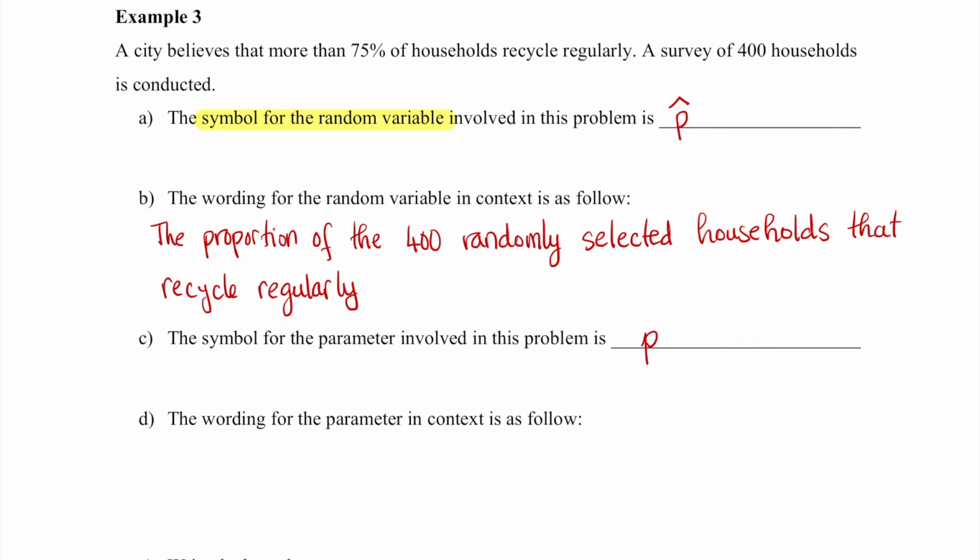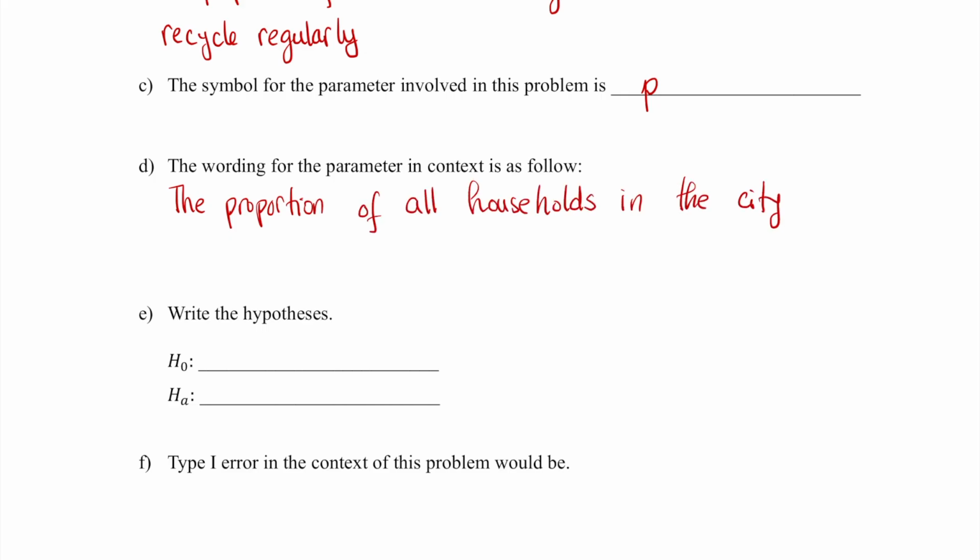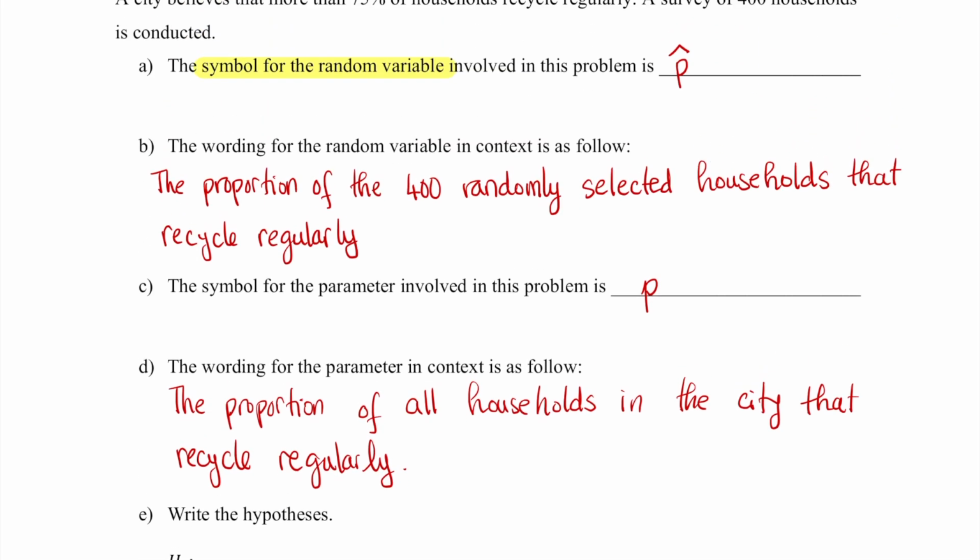We use p because this problem is about a population proportion. Question D asks for the wording for the parameter in context. P is the proportion of all households in the city that recycle regularly. So the difference is p hat describes the sample. P describes the entire population.